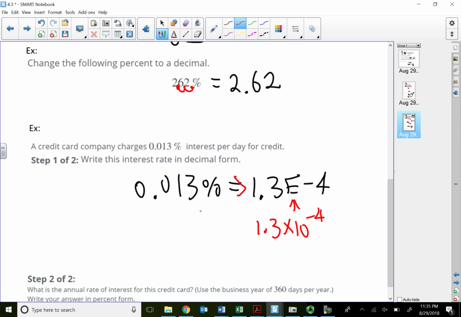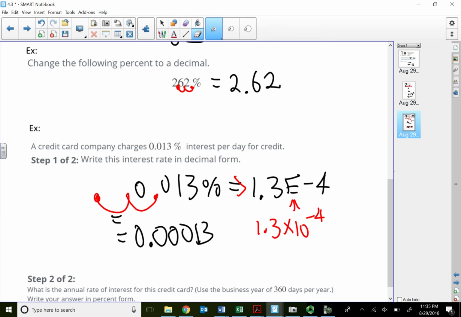In the calculator, if I divide by 100, that means I need to take this decimal and move it to the left 2 places. So my final answer should be 0.00013.